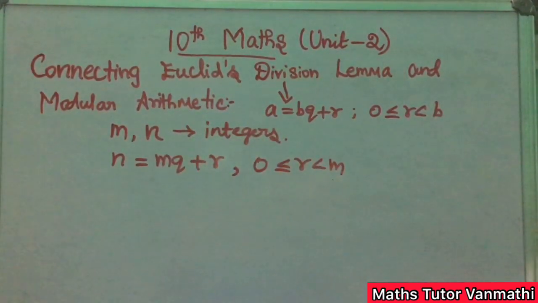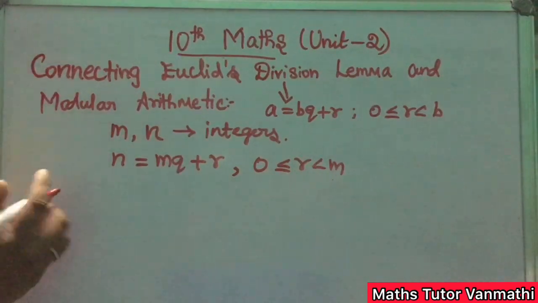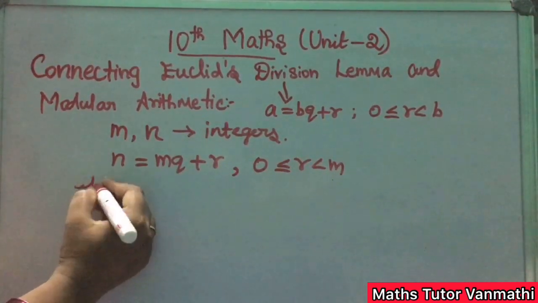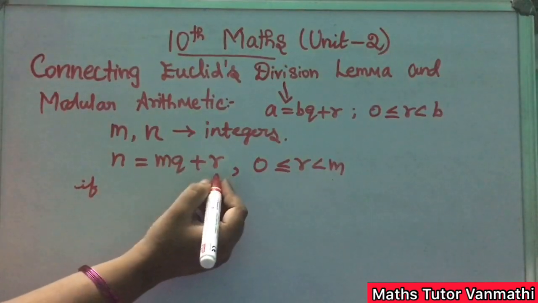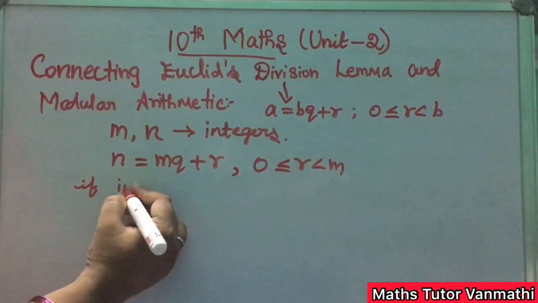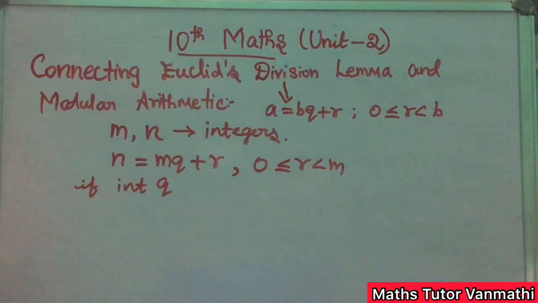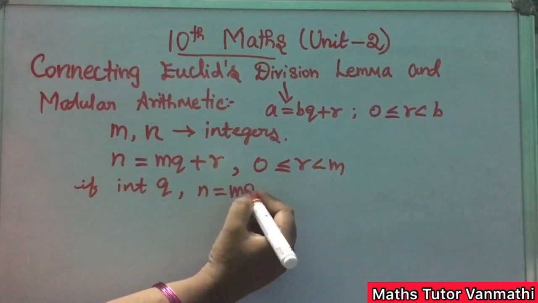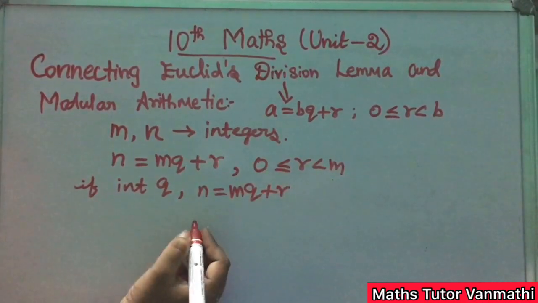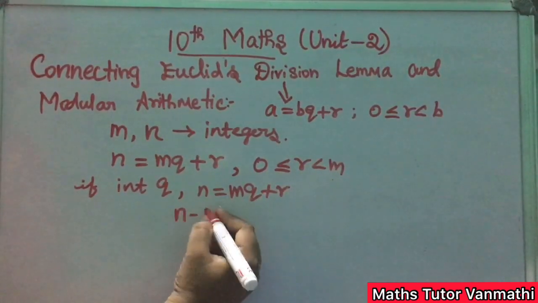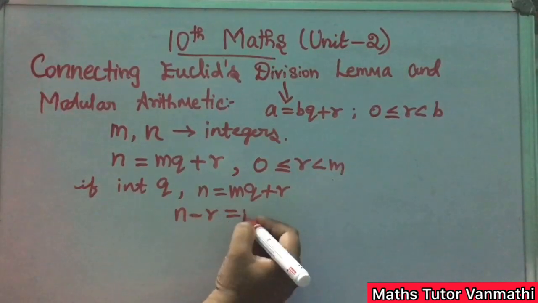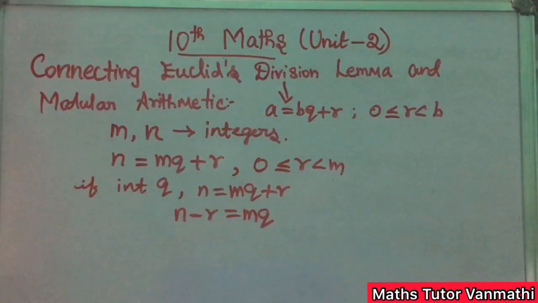Next, if n is equal to mq plus r for some integer q, this further can be written as n minus r, that is taking the remainder to the left side, n minus r is equal to mq.